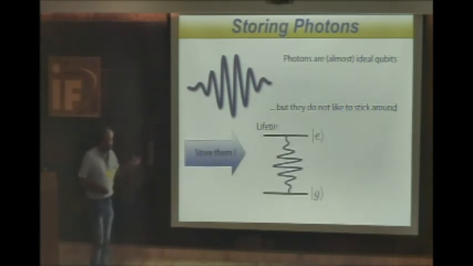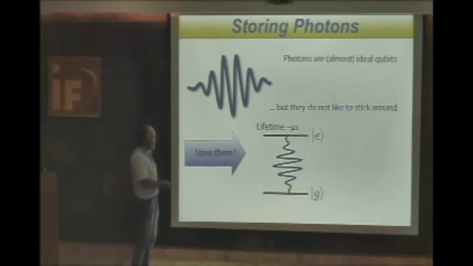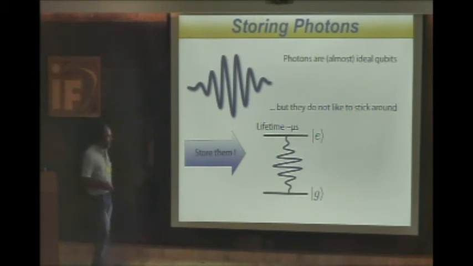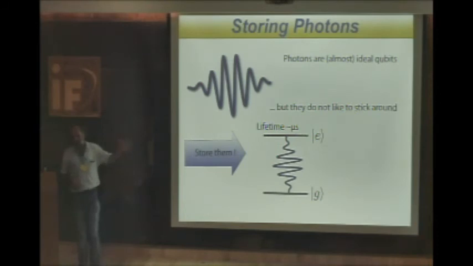And one possibility is you store them, for instance, in a solid, in a crystal, by absorbing them. So you can have two different electronic states, and you have a photon which is resonant with the transition between these two states. And if it's absorbed, then the quantum bit is stored in the electronic excitation of the crystal.